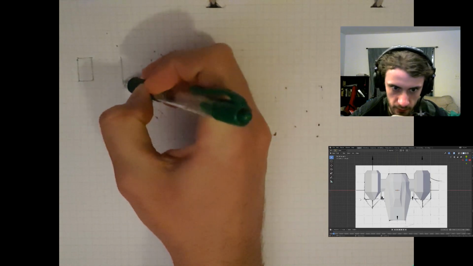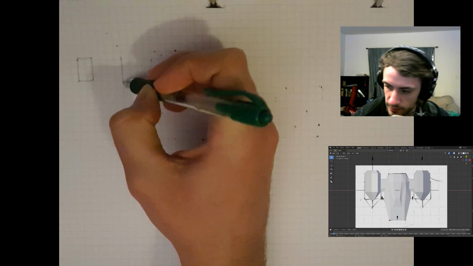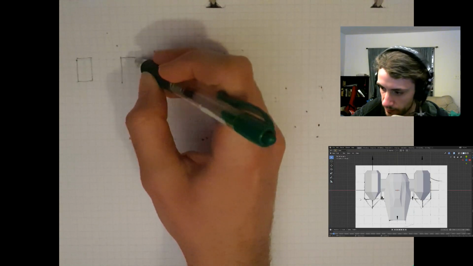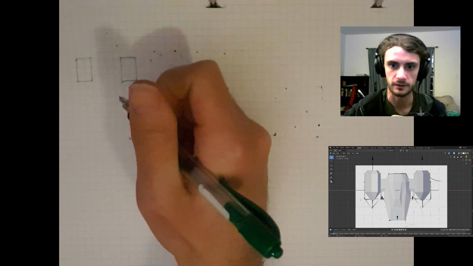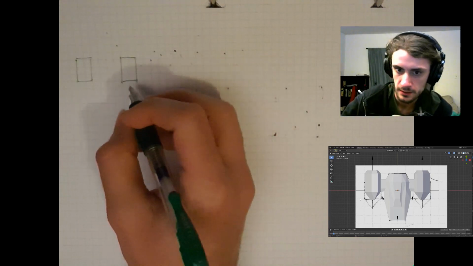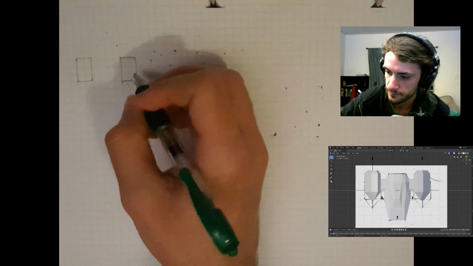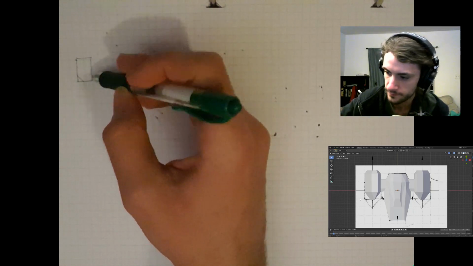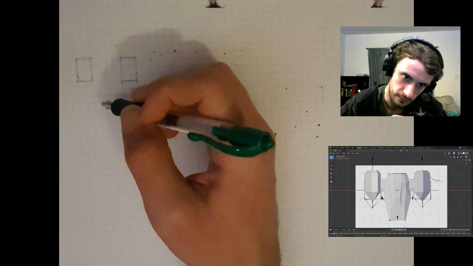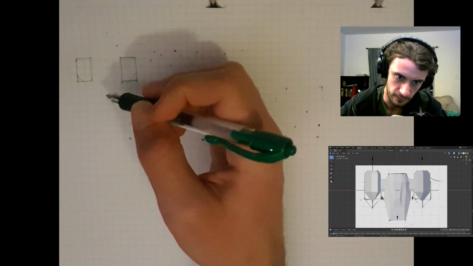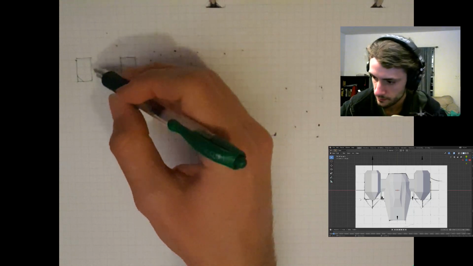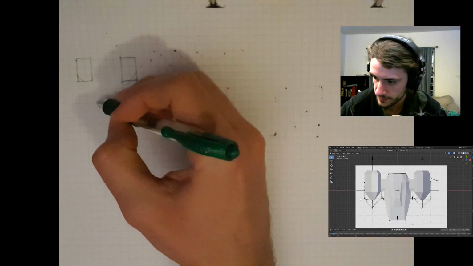So I don't know what units these translate to. I don't know if they're meters. I don't know if they're ambiguous game units. It's not really clear. I just haven't taken the time to figure it out. 1, 2, 3, 4, 5, 6. 1, 2, 3, 4, 5, 6.